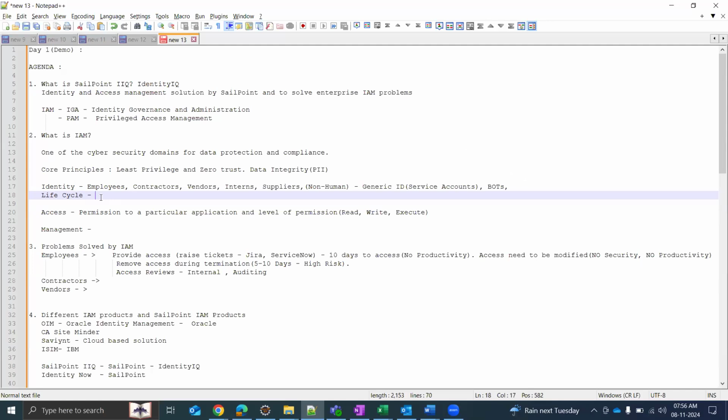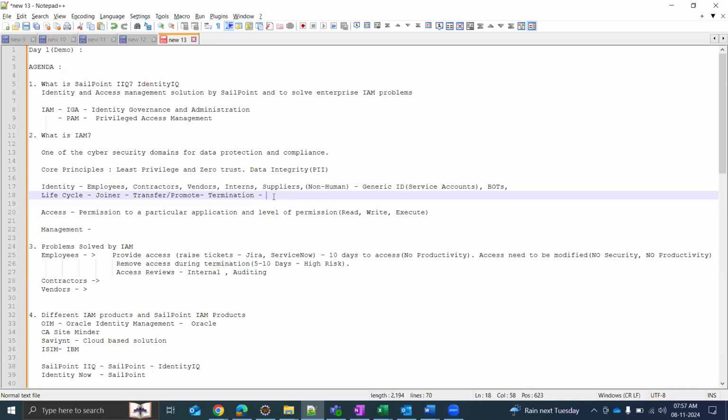In the employment life cycle, the person will join the organization. In the meantime, the person may get transferred or promoted, and the person may leave the organization. These are the possible events throughout that person's employment. The person may go on leave, like a holiday, maternity leave, or paternity leave. Or there is termination, which means the person is leaving his employment.